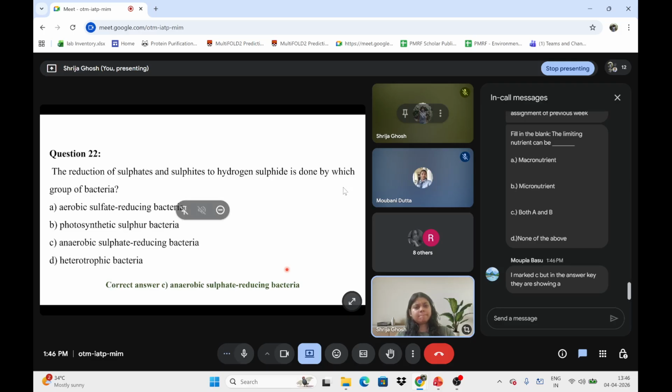Okay, let me check and get back. So limiting nutrient basically means any nutrient that is present in a limiting amount, so that it will get depleted first.